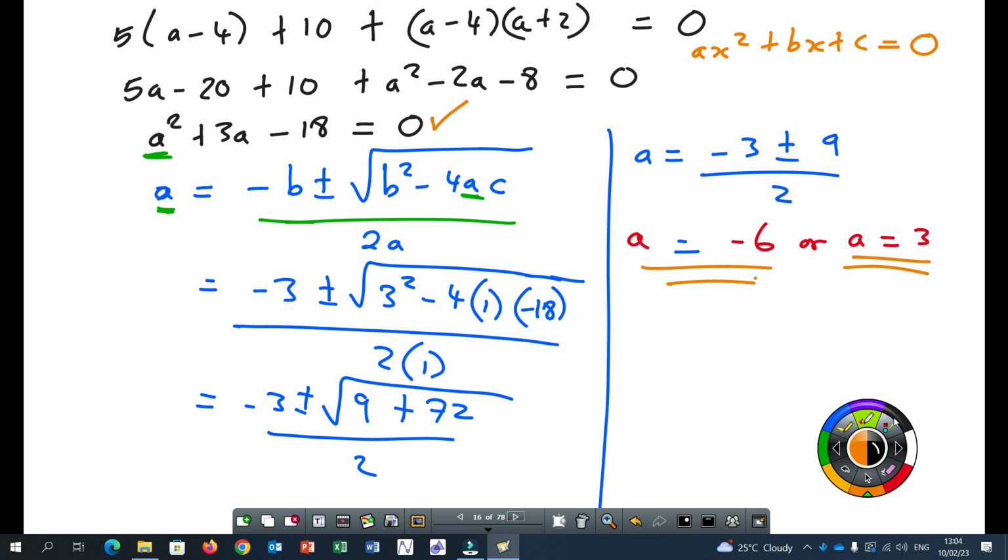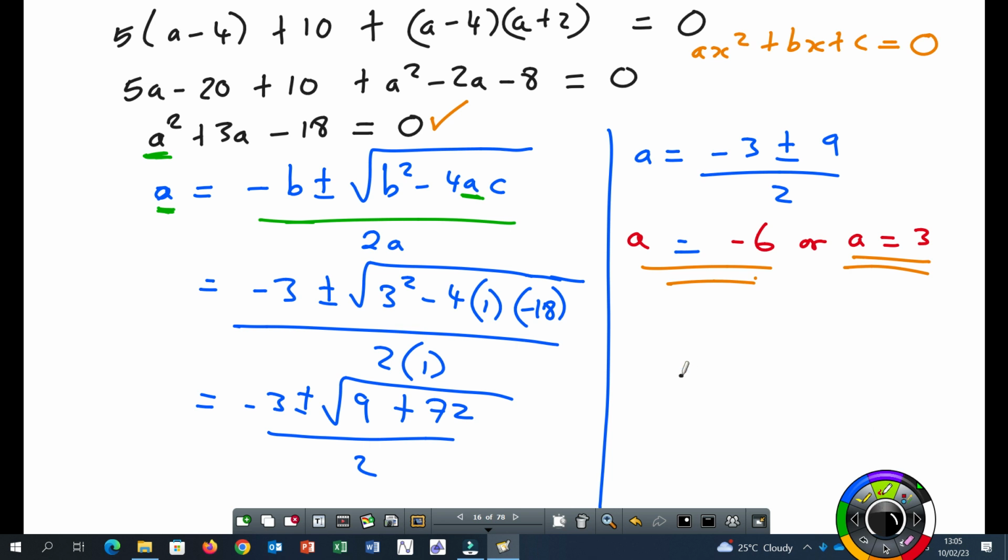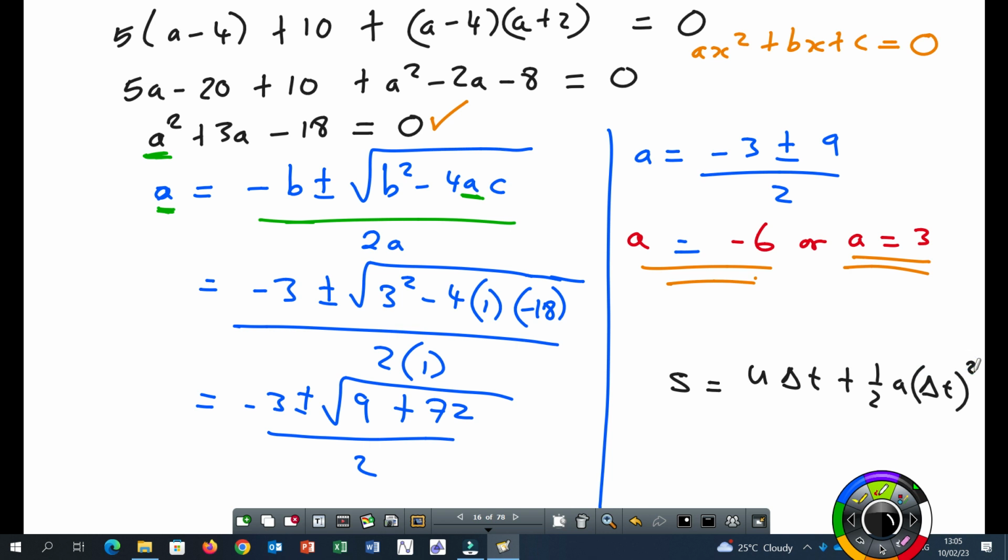The equation of motion which you did, in my time you write it as S equal to U delta T plus half A delta T squared.